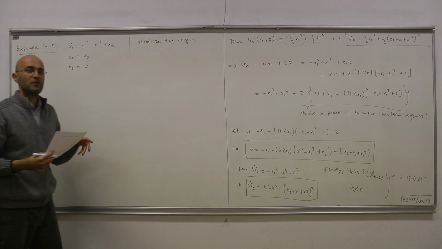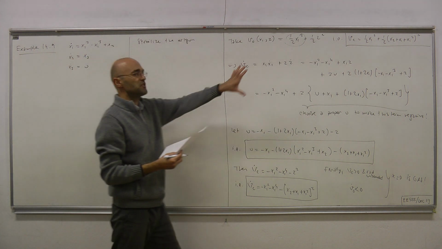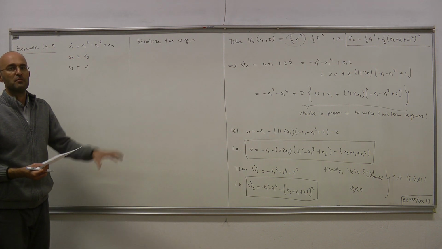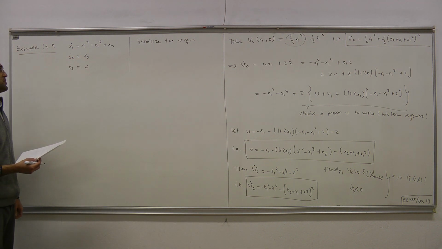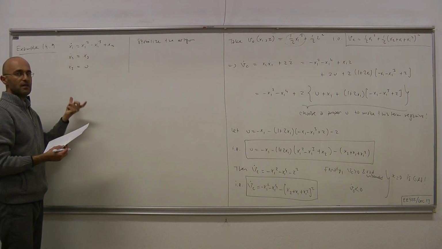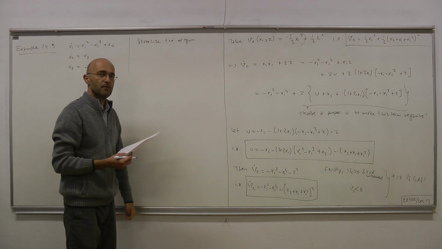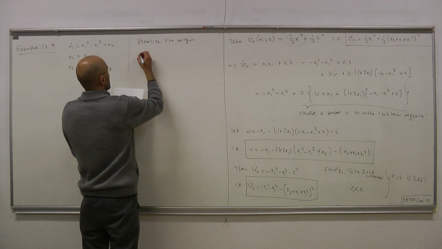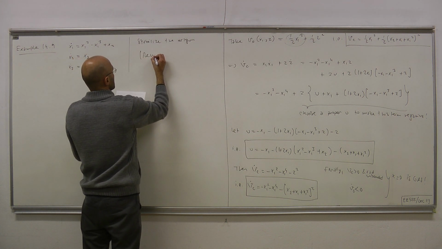This is called recursive design. You do the design for a second order system, then you move on to a third order system, then to a fourth order system, and so on, provided that the structure is in strict feedback form.